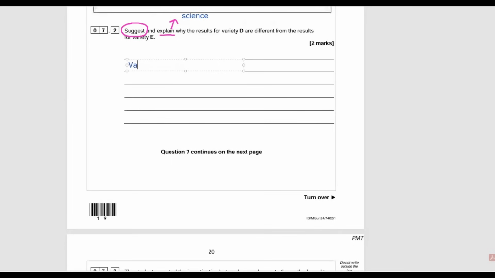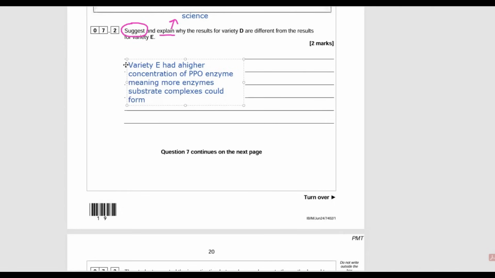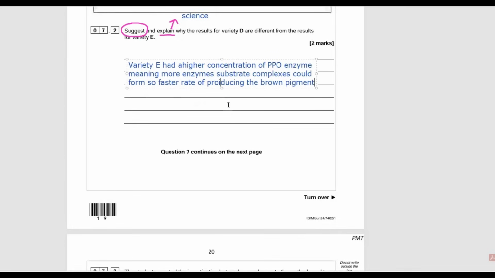Let's say variety E had a higher concentration of PPO enzyme, meaning more enzyme substrate complexes could form. So a faster rate of producing the brown pigment or the brown product, right? So it's catalyzing that reaction faster because when they use variety E, they use the higher concentration of the PPO enzyme.